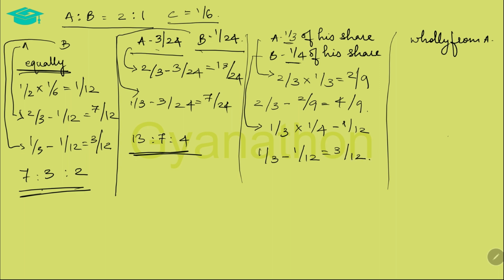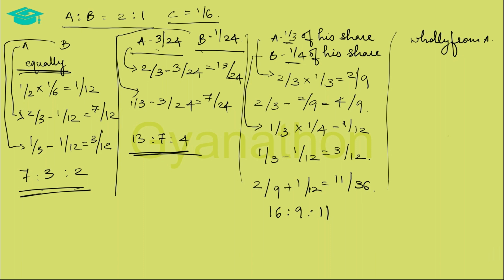So C's new share will be A's sacrifice plus B's sacrifice, that is 2/9 plus 1/12, that is 11/36. So A's, B's and C's new profit sharing ratio will be 16:9:11.